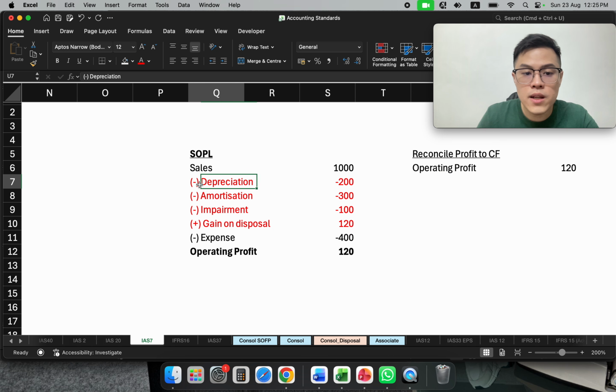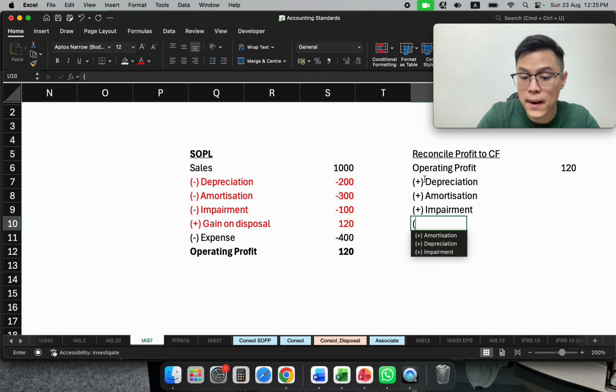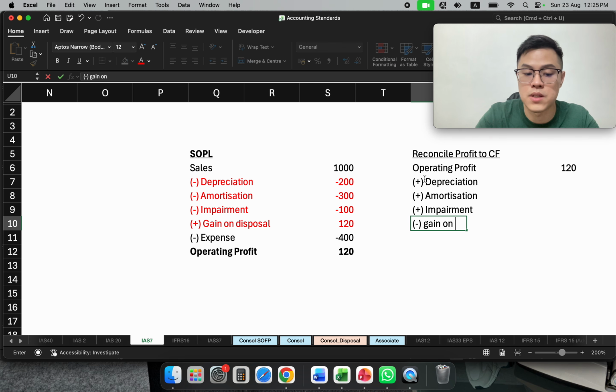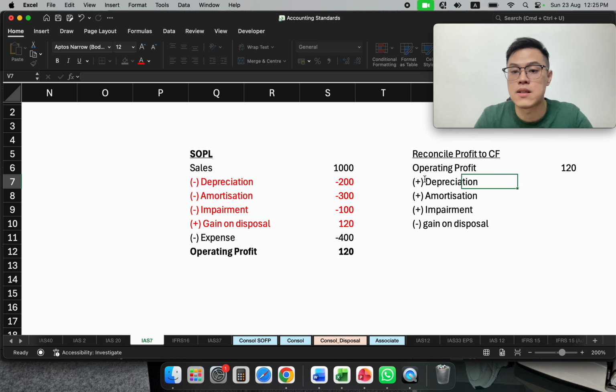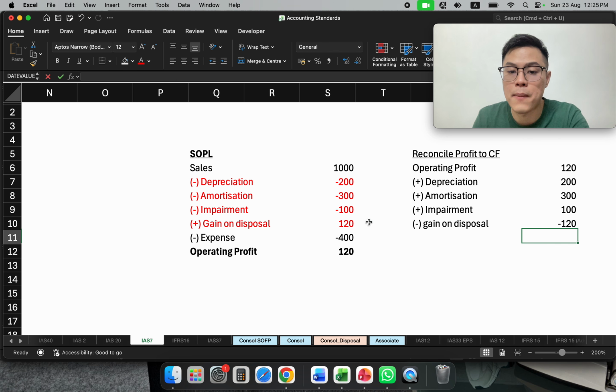So originally you minus in here, you will need to add back the depreciations, add back the amortizations, add back the impairment, and I minus out the gain on disposal because originally it was plus. So we will add back, and minus out.